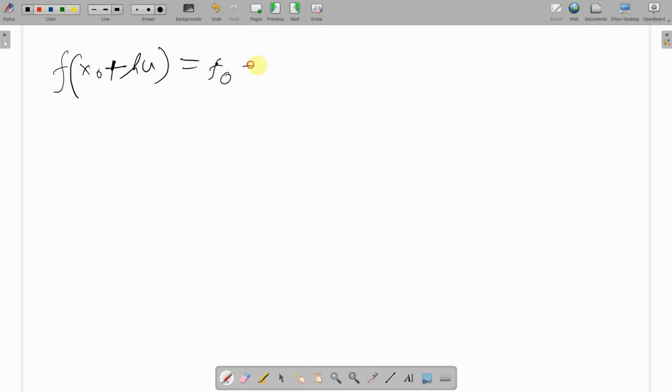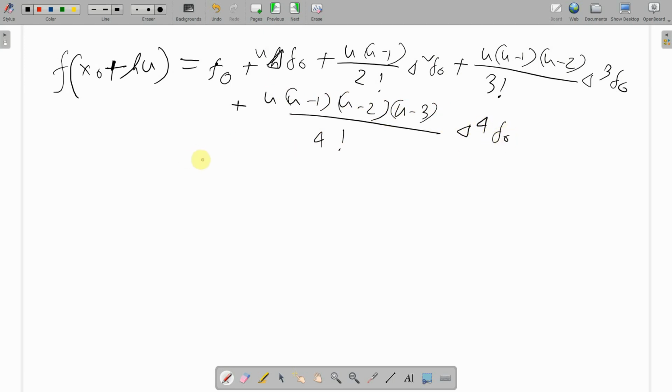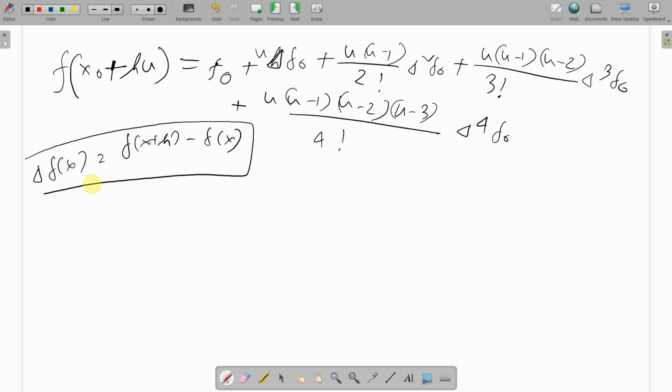So remember the series: f0 plus u delta f0 plus u(u minus 1) by 2 factorial delta square f0 plus u(u minus 1)(u minus 2) by 3 factorial delta cube f0 plus u(u minus 1)(u minus 2)(u minus 3) divided by 4 factorial delta to the 4 f0, where delta f(x) equals f(x plus h) minus f(x).